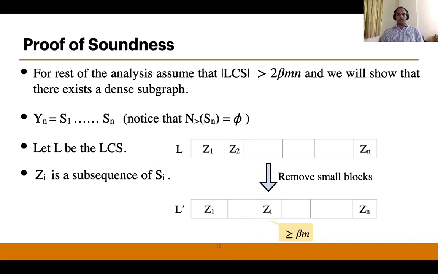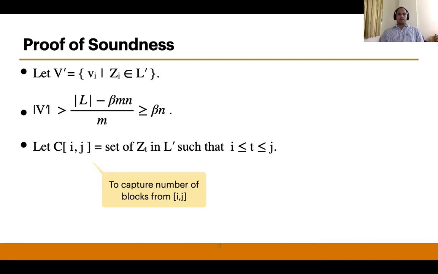We only keep the blocks which have length greater than beta times m, and we call this new string L prime. When we go from string L to L prime, in terms of length, we lose at most beta times mn. Let V prime be the set of all vertices Vi such that the corresponding zi is in string L prime.